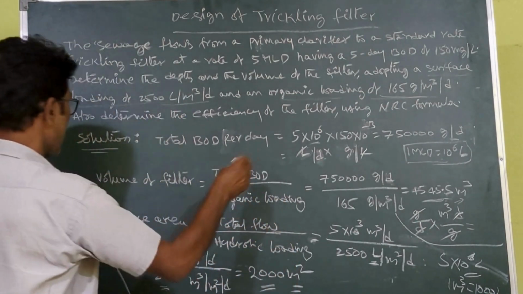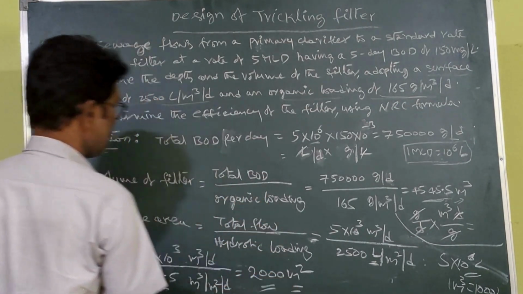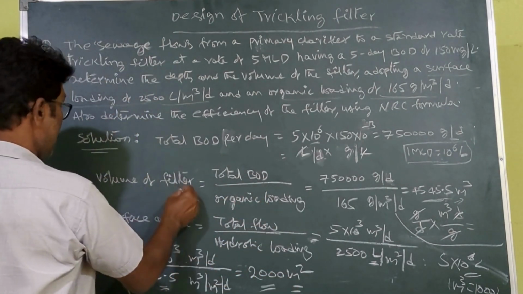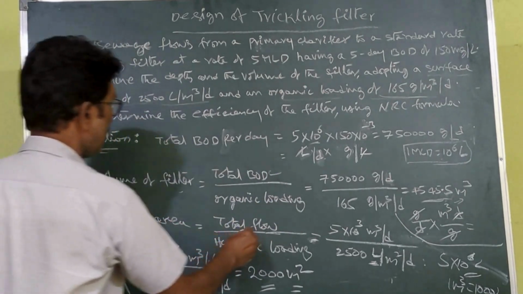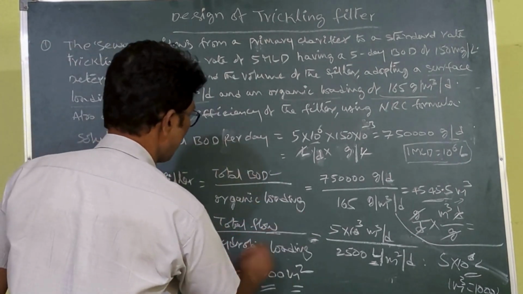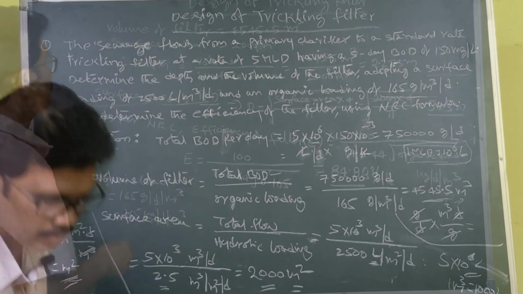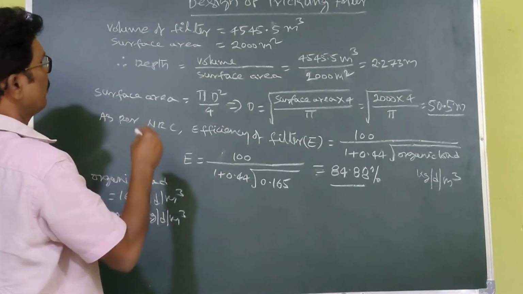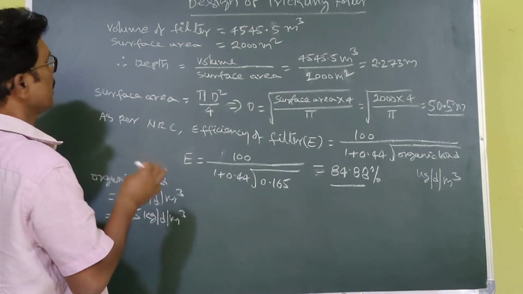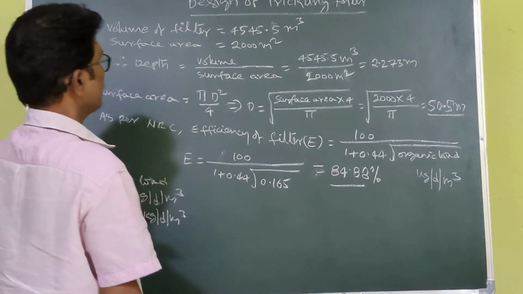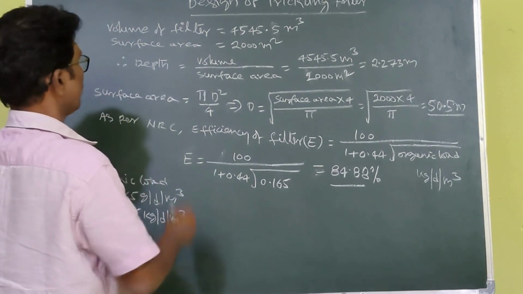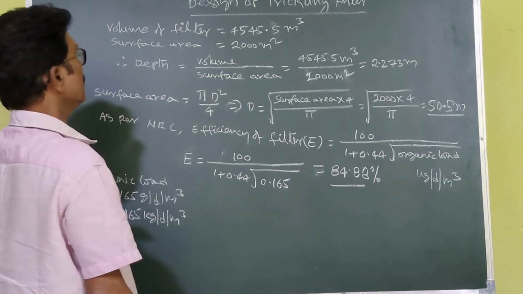Now we have the volume and the surface area. Volume of the filter is total BOD divided by organic loading rate; surface area is total flow divided by hydraulic loading. Volume of the filter equals 4545.5 meter cube, surface area equals 2000 meter square.